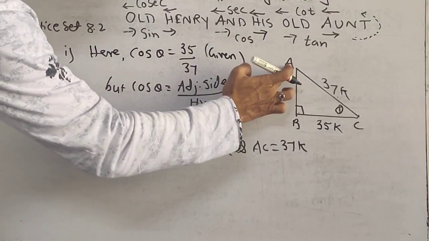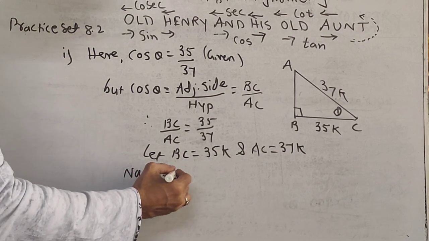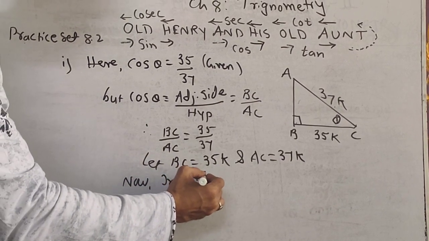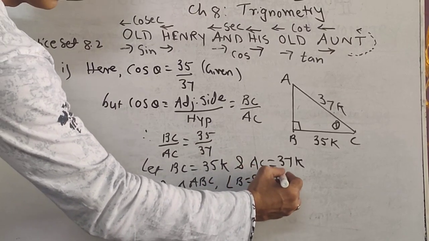Now you have to find AB. So in triangle ABC, angle B is equal to 90 degrees.